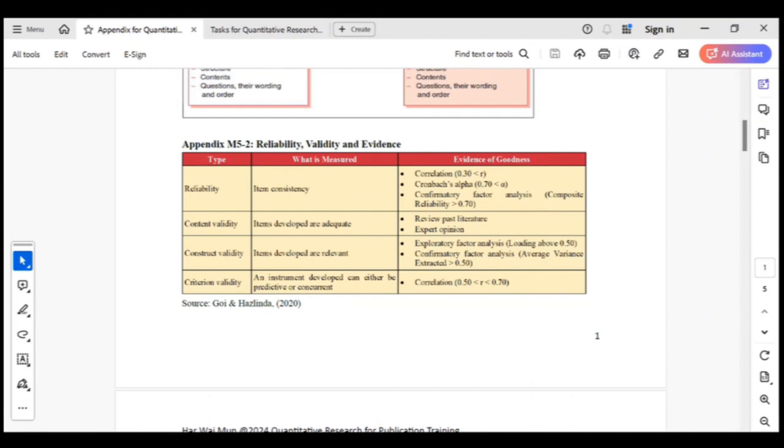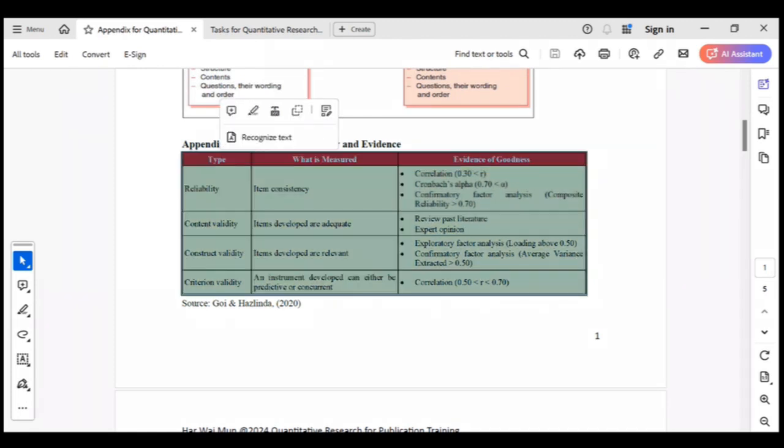So correlation more than 0.3, Cronbach's alpha more than 0.7, confirmatory factor analysis composite reliability more than 0.7. If you fulfill these criteria, you are considered reliable.